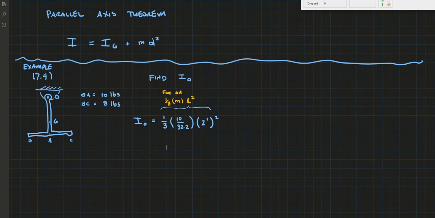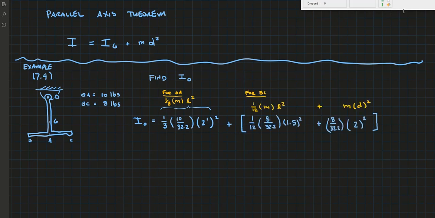We'll just put that in, and now let's add the next part. For the next part, we will need to use the parallel axis theorem. For BC, we get 1/12 ml squared, the moment of inertia about essentially A, and then we add to that the distance to O, which is 2 feet, squared, times the mass. We end up with 1.454 slug-feet squared.